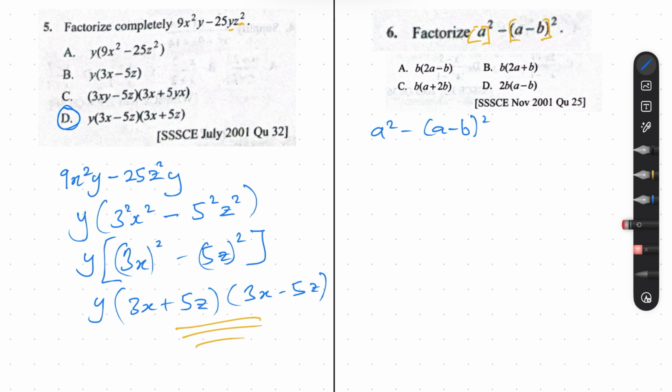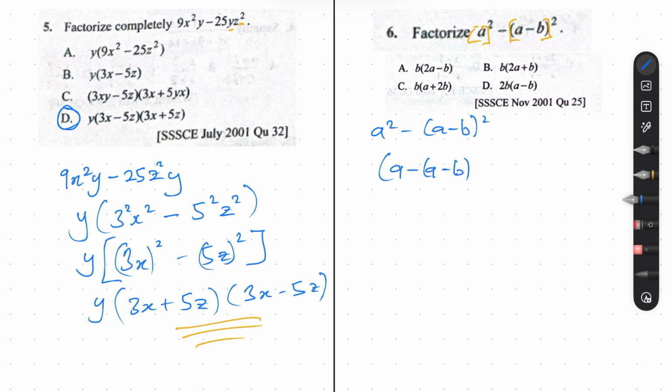So just like we did over here, let's do that. We're going to have in one bracket this a minus this whole term, so a minus a minus b.